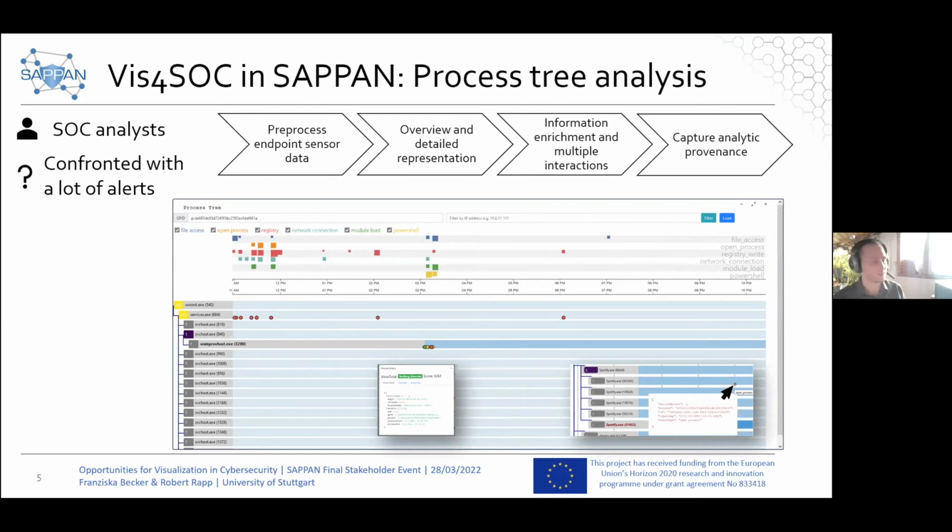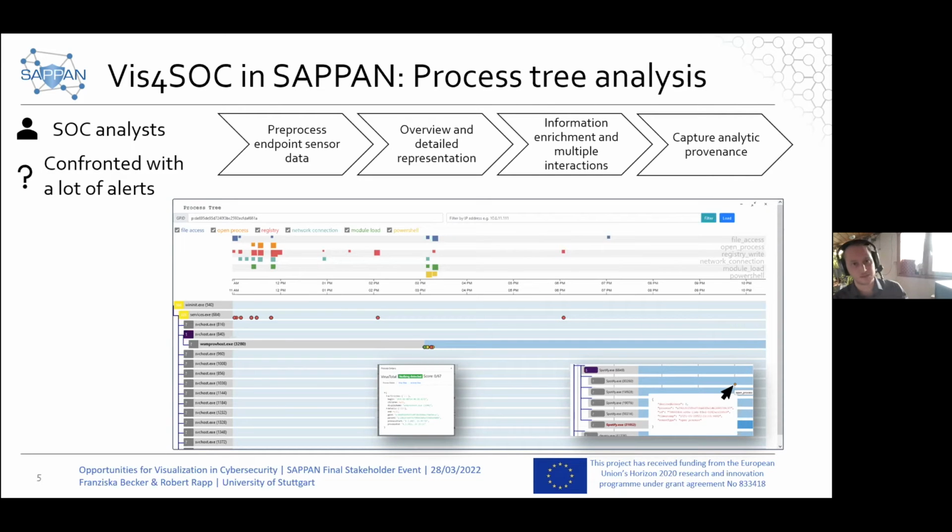An analyst has the possibility to explore the data, like expanding such processes and the hierarchy on the left side, or hover over such dots which represent different activities of a process to get an idea about what happened on a host machine at this time.